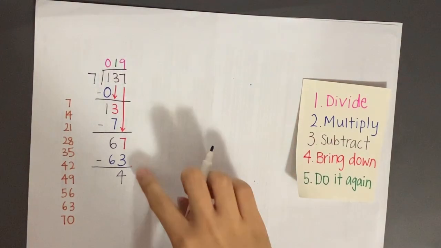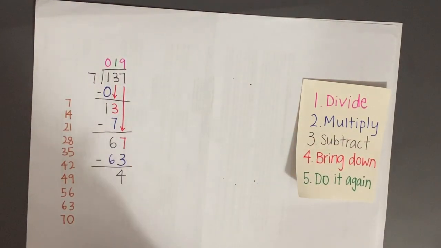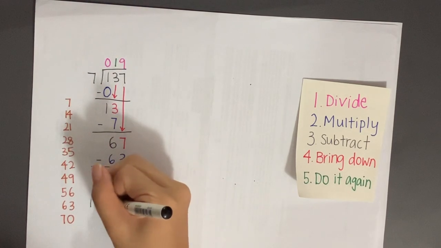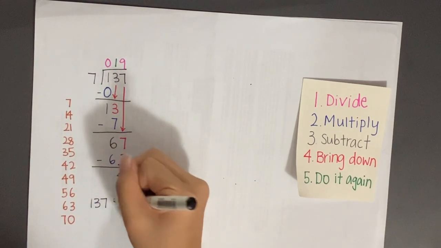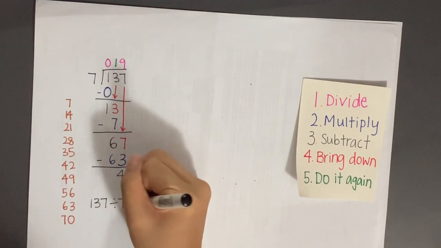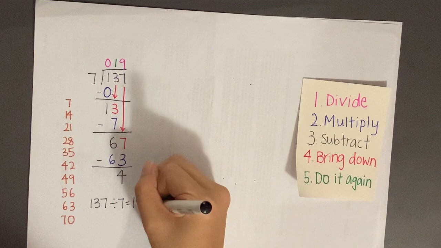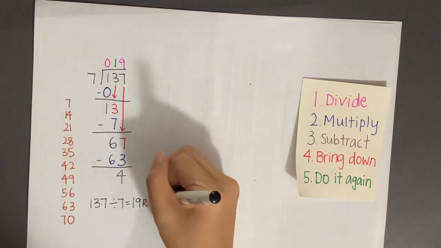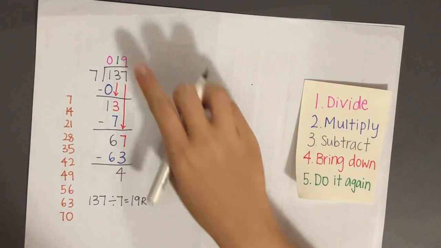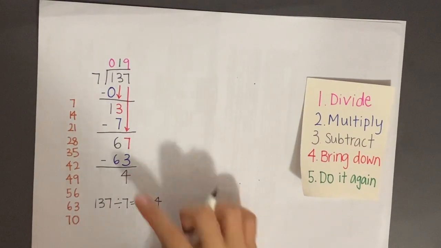I have no other number to bring down, so I know I can stop here. So 137 divided by 7 is 19 remainder 4. My quotient is 19. My remainder is 4.